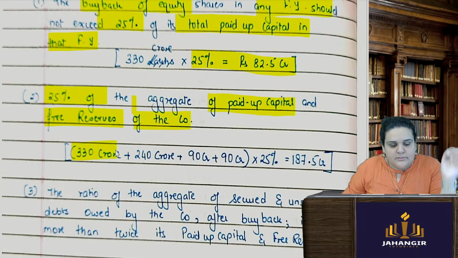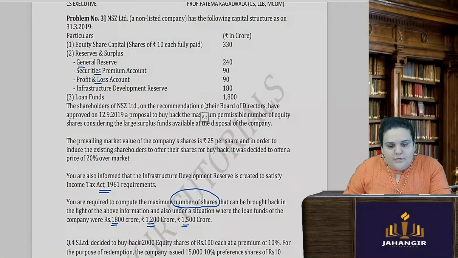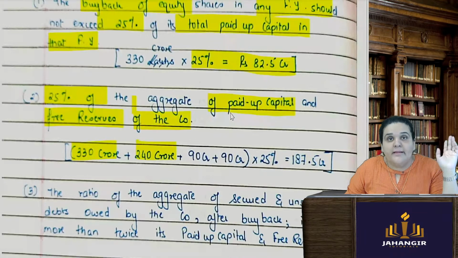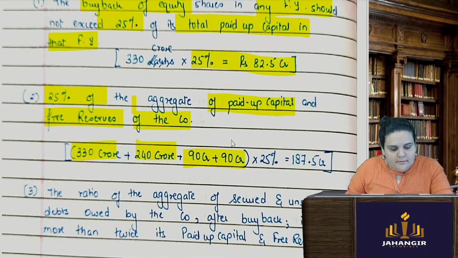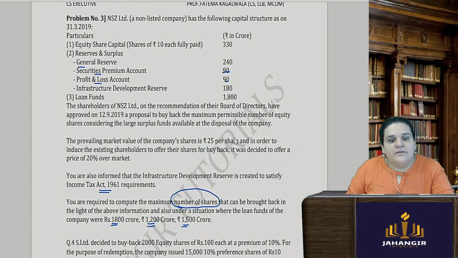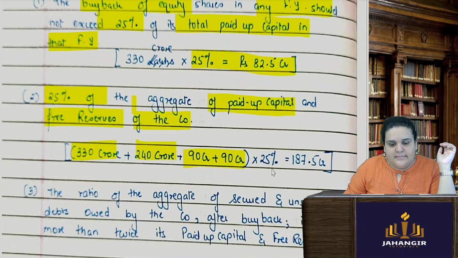So 330 crores plus 240 plus 90 plus 910. Buyback can be done from the securities premium also. So 9090 [sic]. Infrastructure development reserve is for IT Act. It is a statutory reserve. We cannot use it. Into 25%, it will come as 187.5 crore.